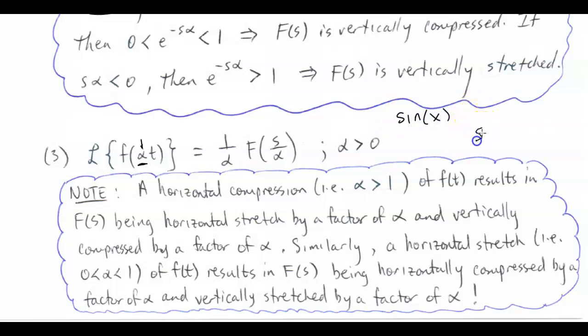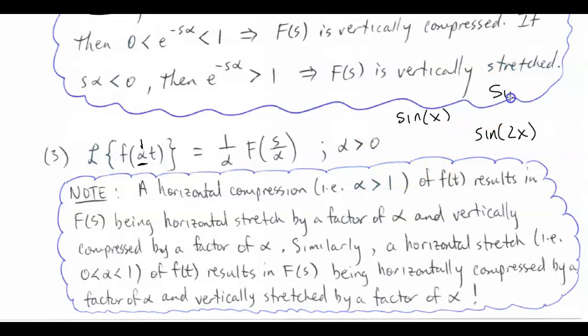Then I know sine of 2x means that I've taken my sine function and horizontally compressed it. If you want to think about that in practical terms, I have increased the frequency of sine of x by 2, or put another way, I have decreased the period by a factor of 2.